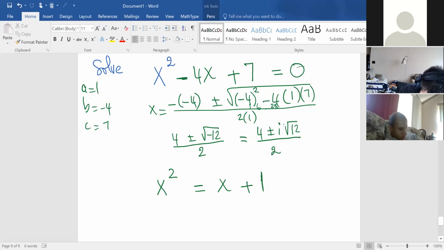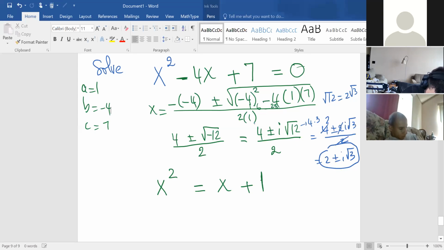The correct way is to write 12 as 4 times 3, and then the square root of 12 is 2 square root of 3. So then you have 4 plus or minus 2i square root of 3 divided by 2. Now you can simplify by 2: this 2 goes away, this 2 goes away, and it becomes 2 plus or minus i root 3. If you are not sure about that, stop right here. I give you the credit, okay?